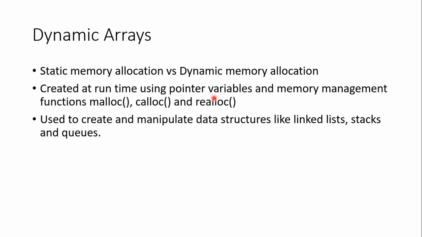So to create dynamic arrays, dynamic memory allocation is used. Dynamic arrays are created at runtime using pointer variables and memory management functions like malloc, calloc, and realloc. Generally, dynamic arrays are used to create and manipulate data structures like linked lists, stacks, and queues. So this is all about arrays.